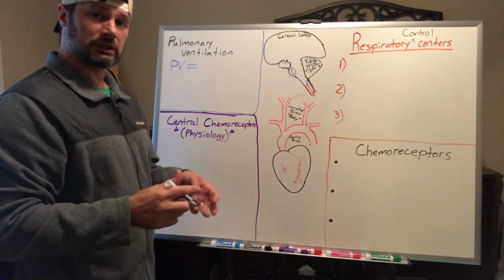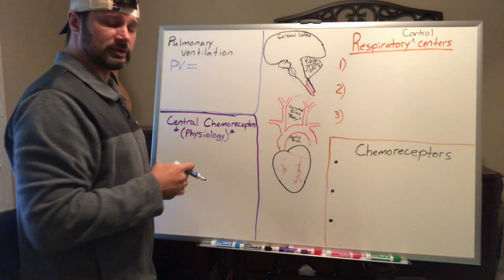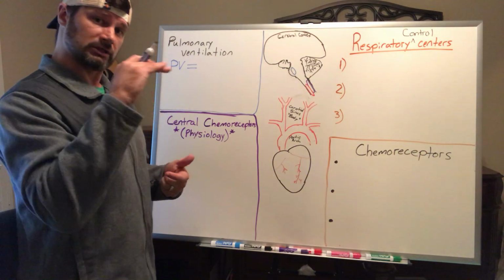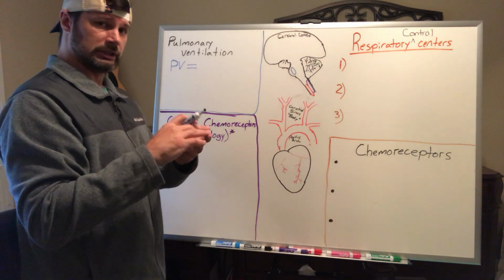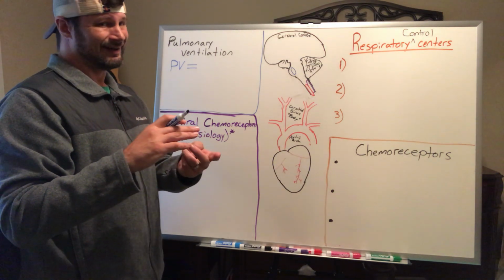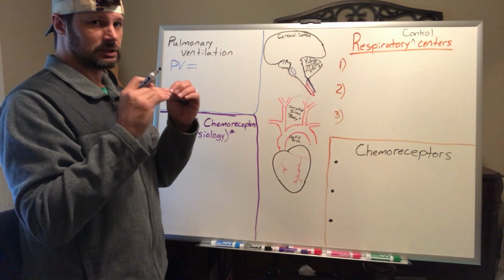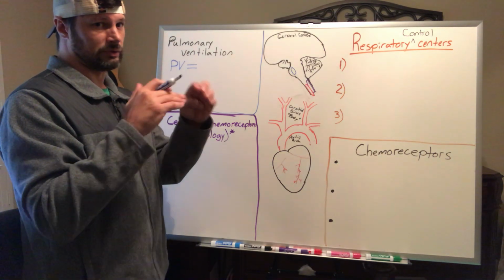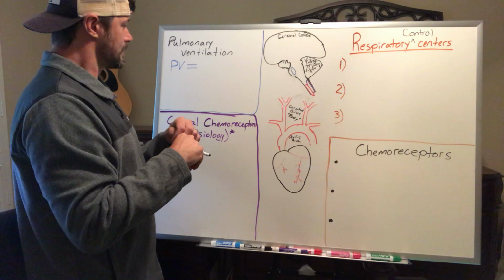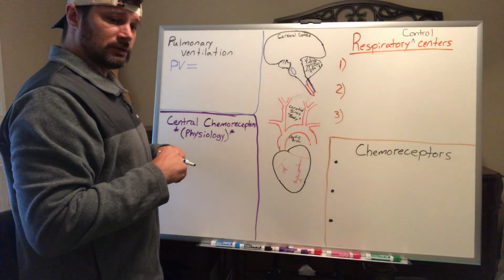There are two things that can affect your pulmonary ventilation. You can think of this like a list too, either a list or an equation. It doesn't really matter. I like equations better because it lets us know whether it is directly proportional or inversely proportional.